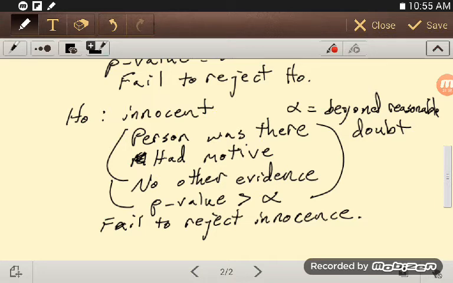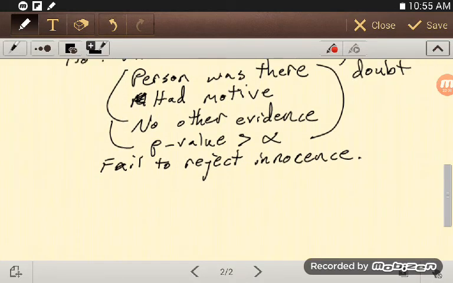And so the probability that, if they are innocent, they could have done these things, well, it's reasonably high, we'll say, right?